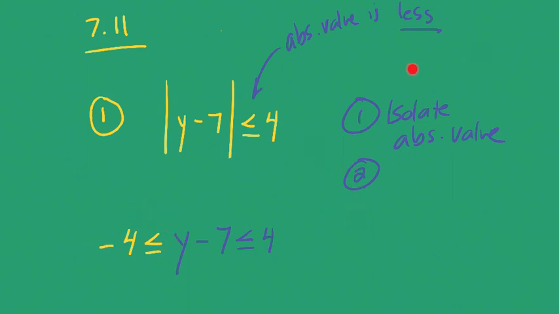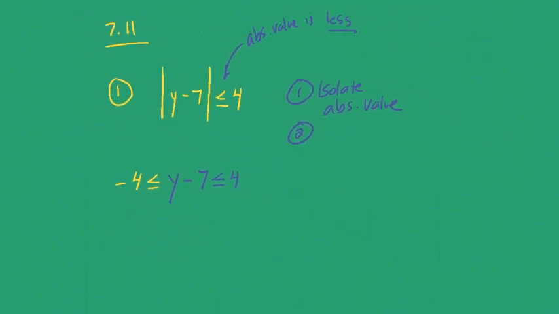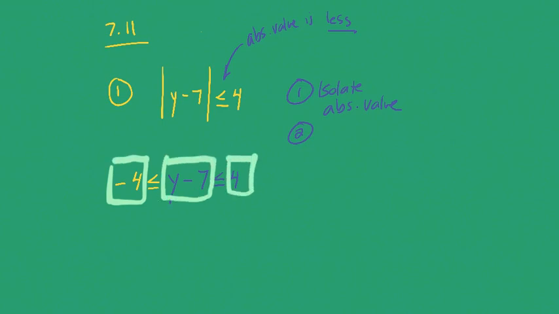I won't do this for every single one, but let me go back. We've got a left side, a middle, and a right side. Typically you just have a left side and a right side with an equation, but with a compound inequality, you've got 3 different parts. We're going to try to get the y by itself in the middle.